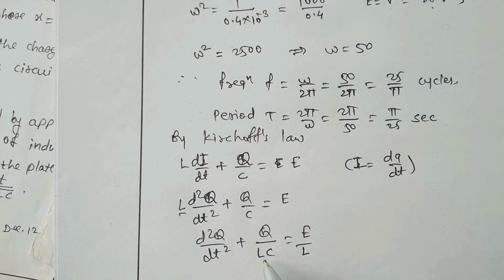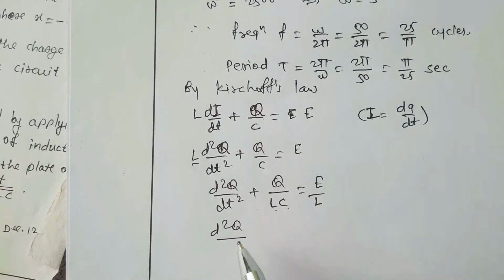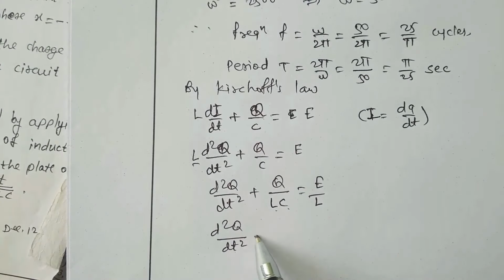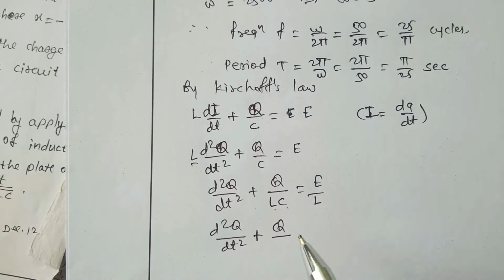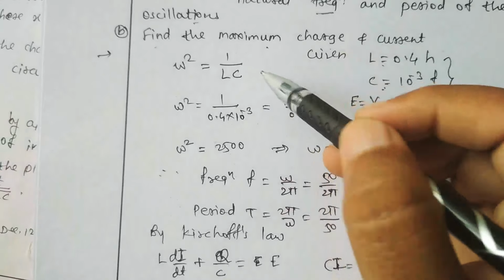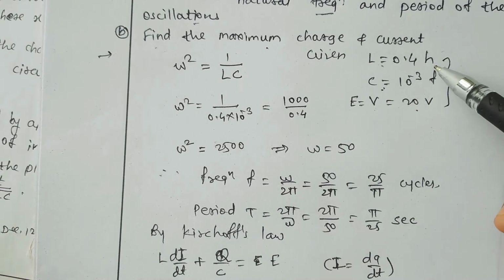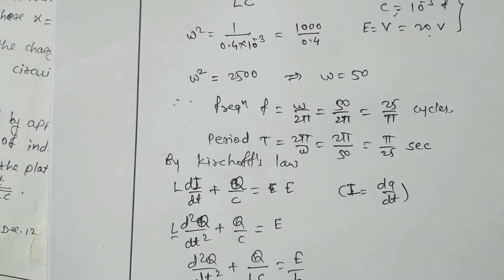So putting the values of L, C and E, you will get d square q upon dt square plus Q upon LC. What is the value of LC? The value of L is 0.4 and the value of C is 10 raised to minus 3.